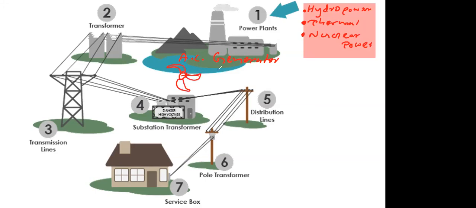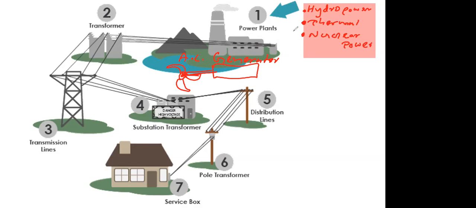To rotate the turbine, you can use wind, the kinetic energy of the wind, or the flow of water. In thermal power stations, they boil water and pass the steam through this AC generator or dynamo to rotate it.